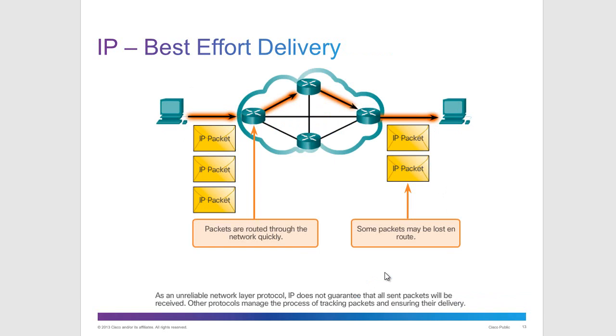And then we have best effort, which we discussed a second ago, in that it's going to do its best to get your packet to its destination, but some packets may be lost en route. As I said before, there are other protocols at different layers to make sure that delivery happens. IP doesn't really care. Well, not that it doesn't care. It does its best, but if its best isn't good enough, then oh well.